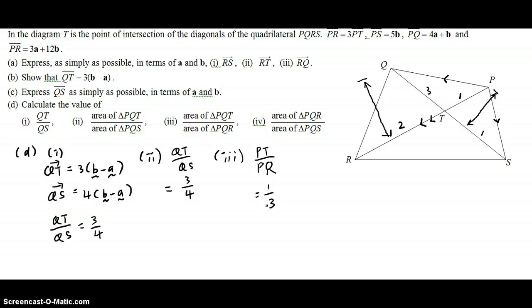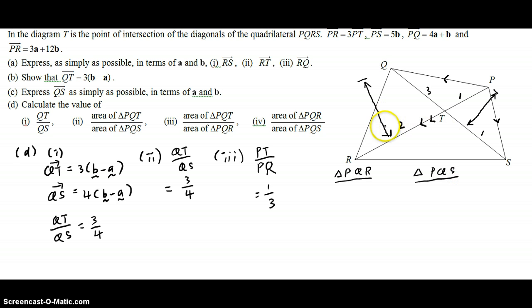So now we come to the last one here, to find the ratio of PQR and PQS. Notice that there is an overlap here. How can we simplify this? First we look at the ratio of PQR to the ratio of PQS.